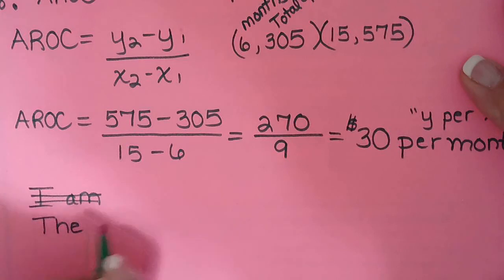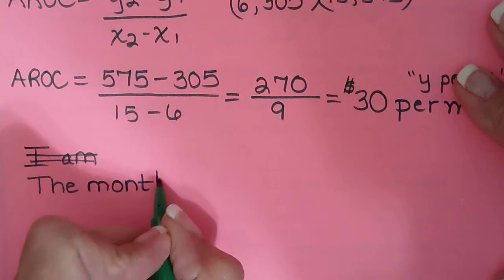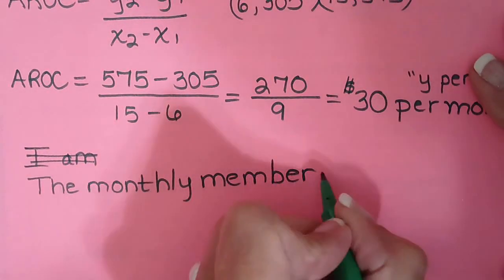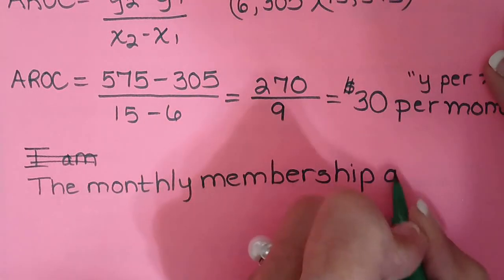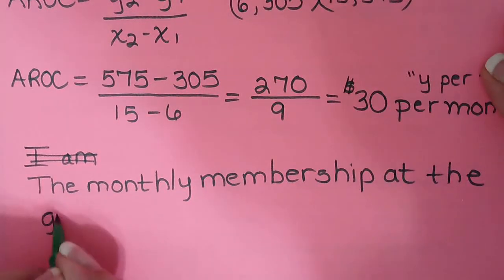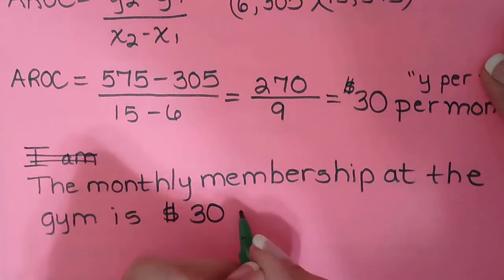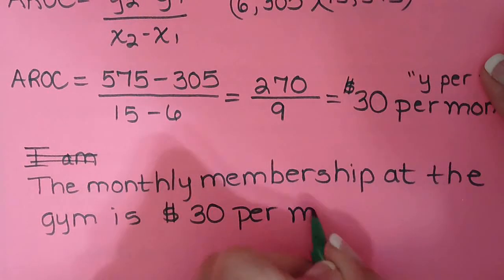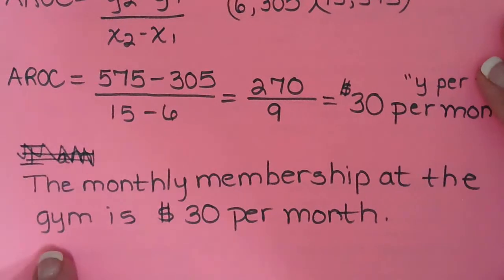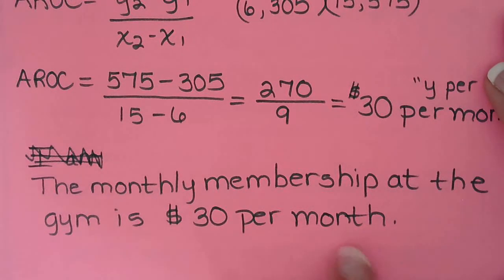So the monthly membership at the gym is $30 per month. That sounds a little bit better rather than saying I am paying $30 per month. So that's a little bit more generic. So the monthly membership at the gym is $30 per month.